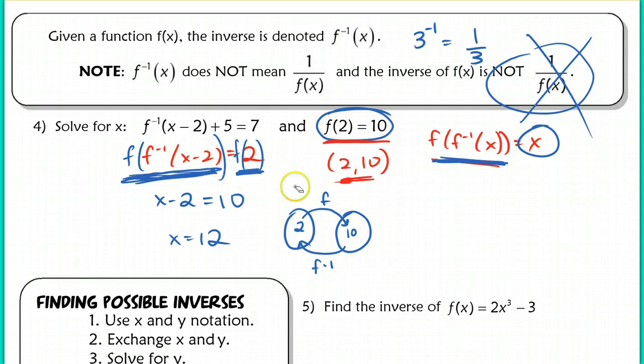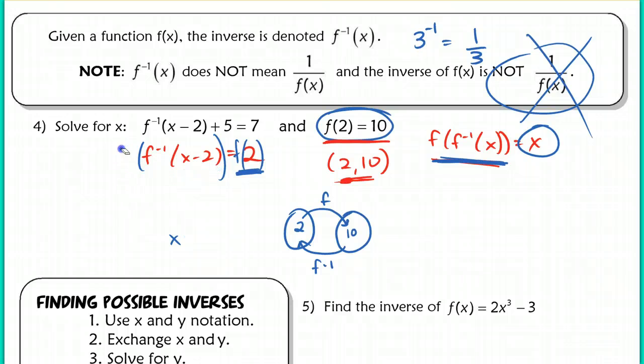Now, alternatively, let's go back to just this. Oops, there's supposed to be a 2 here. Now, f inverse of something, x minus 2, is supposed to lead me back to 2. Whatever I applied has to be this number here, because it's 1 to 1: 10 maps to only 2, and 2 maps only to 10.